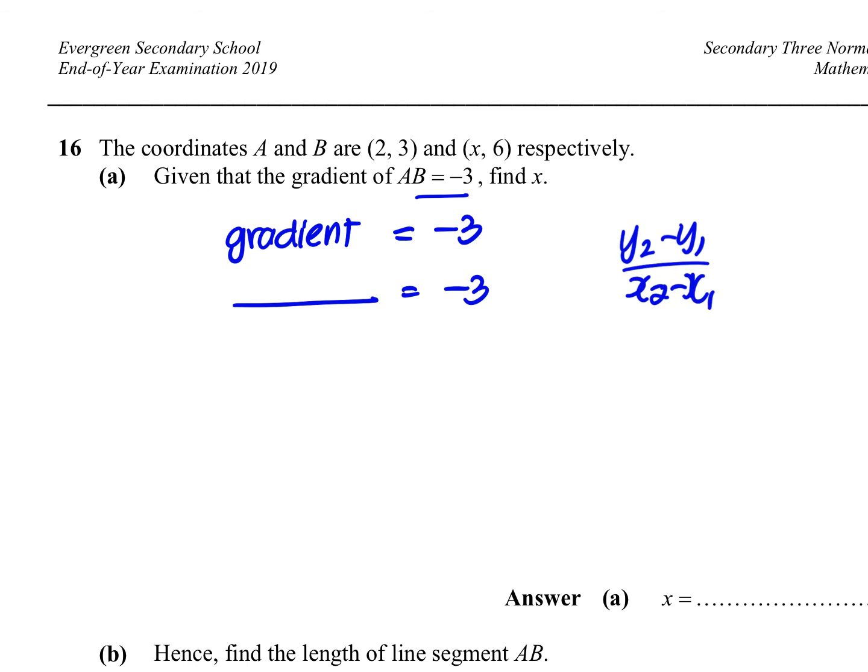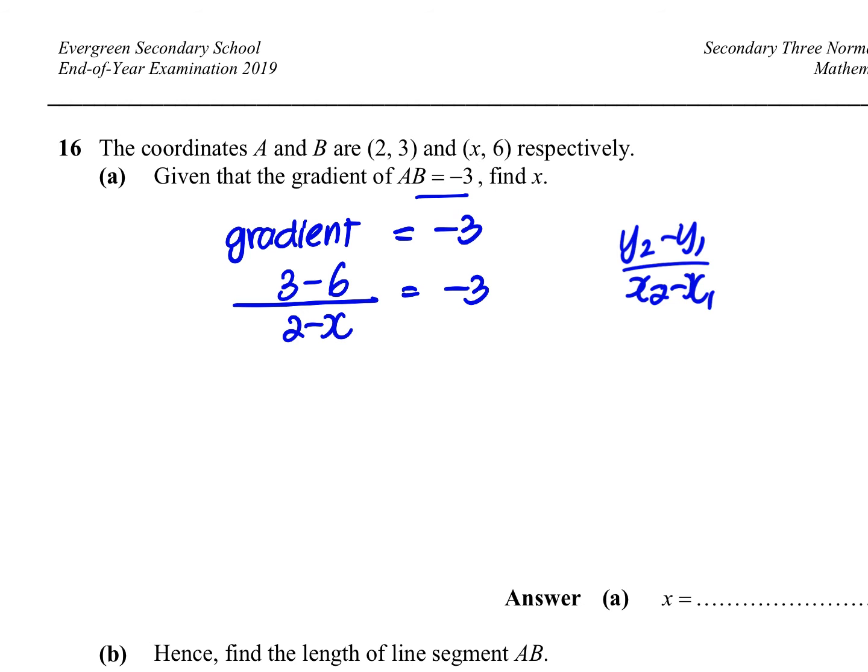Can you tell me which one is your y2? 3 is y2, so you have 3 minus 6 over 2 minus x.